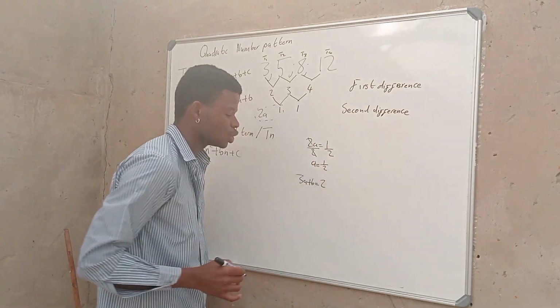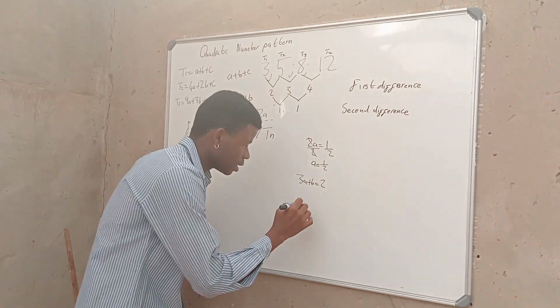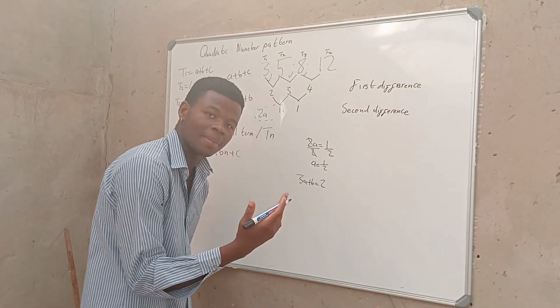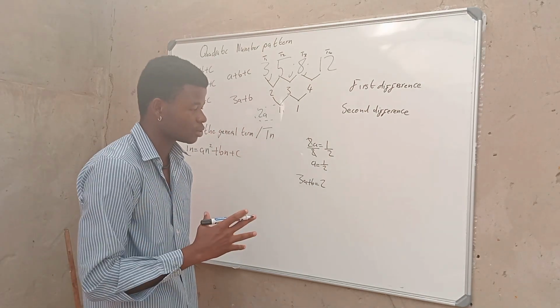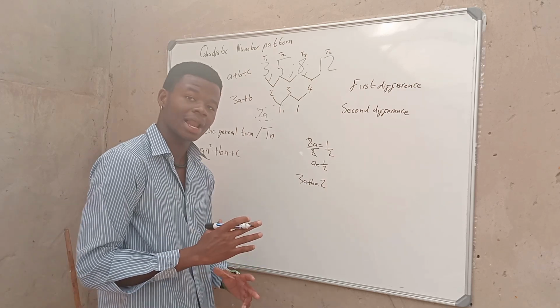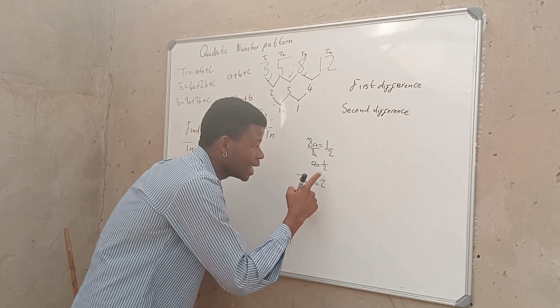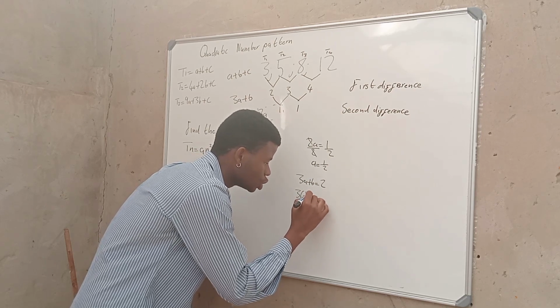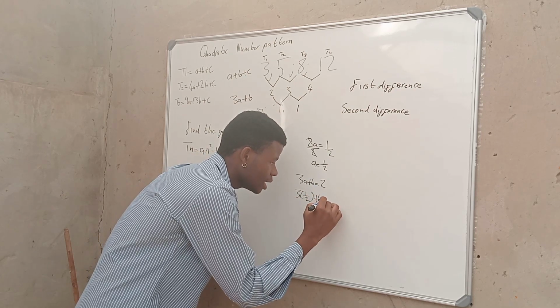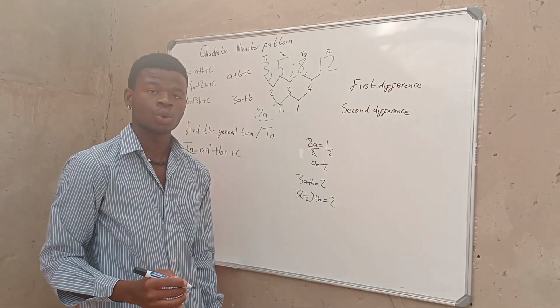You are going to substitute your a, so that we can find our b. Guys, remember this is simultaneous. Then we substitute our a. Our a is 1 over 2, plus b is equal to 2, right?